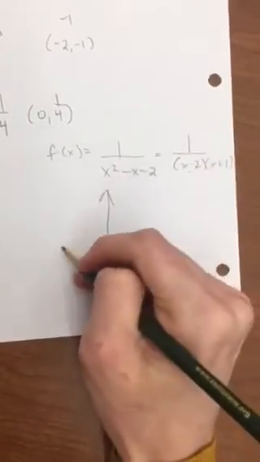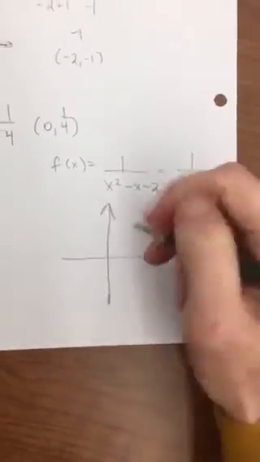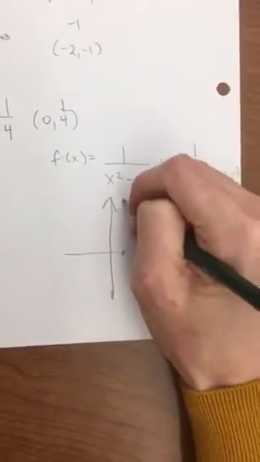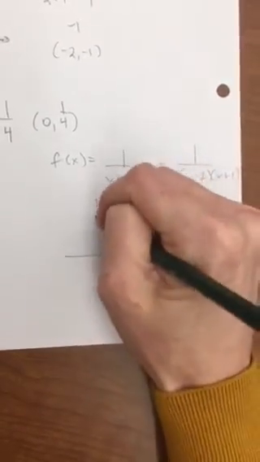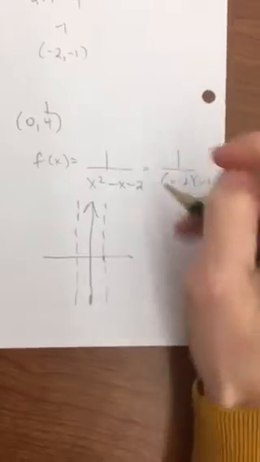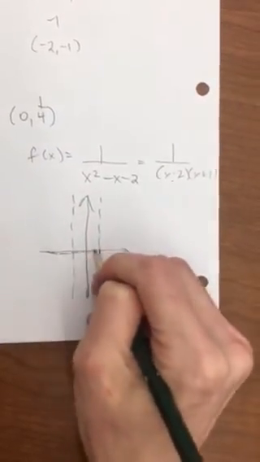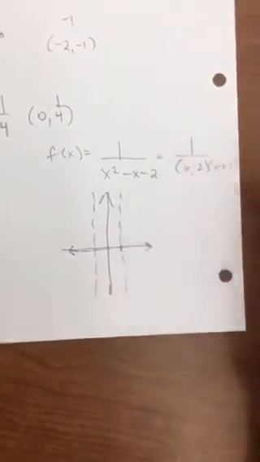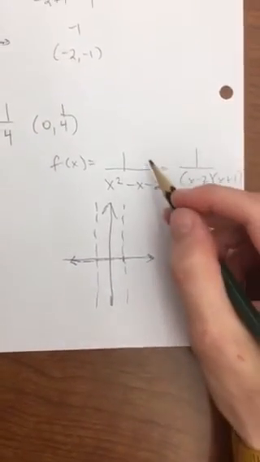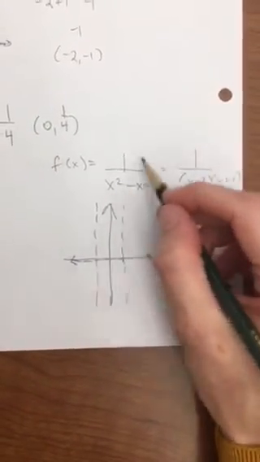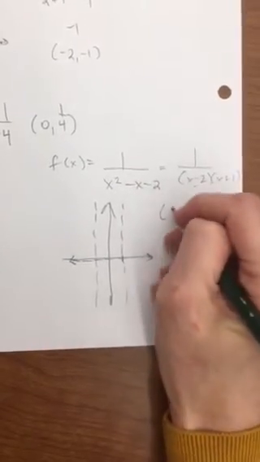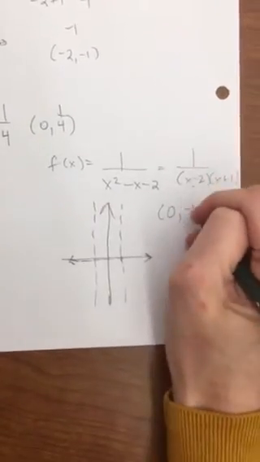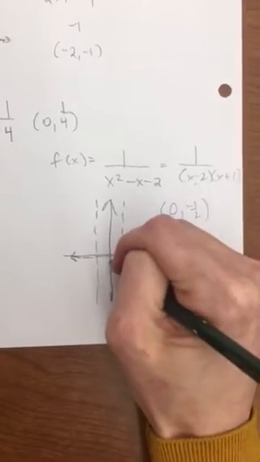So when I go to sketch this graph, I'm going to have one at 2 and one at negative 1. Again, still a 0. And when I put in my 0 value for x, I'm getting negative 1/2, so 1 over negative 2, or negative 1/2.